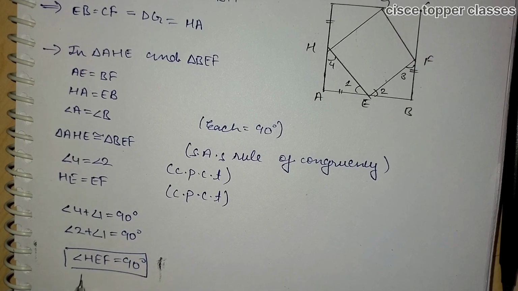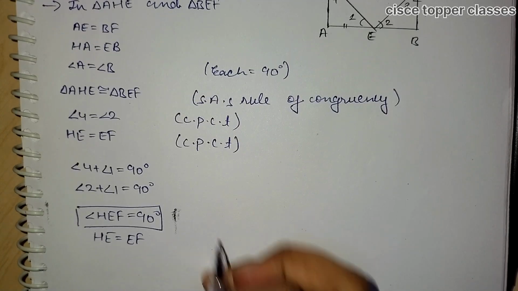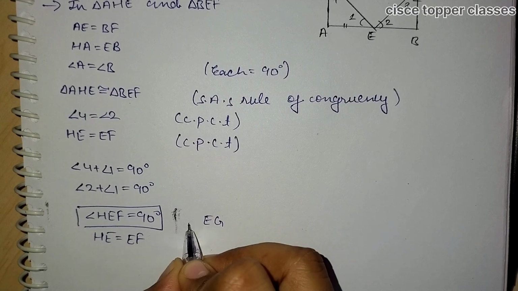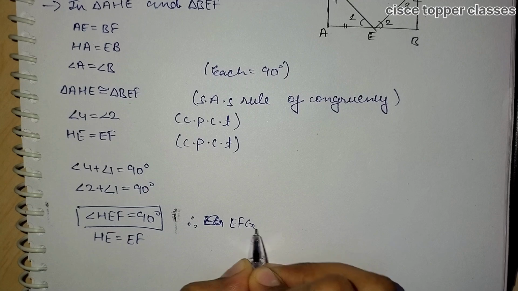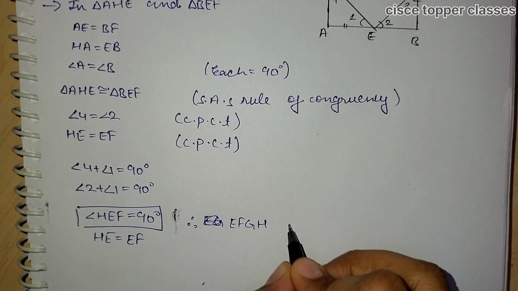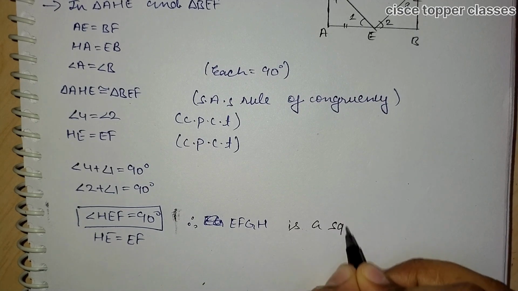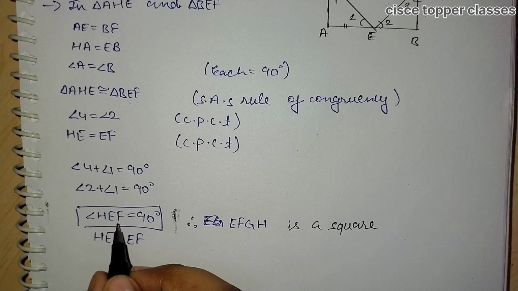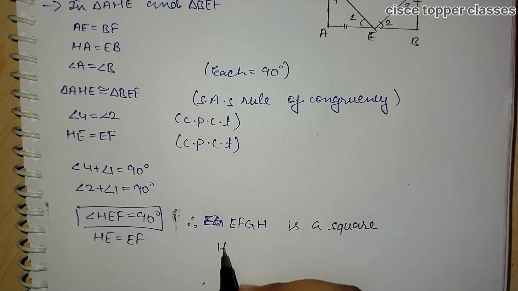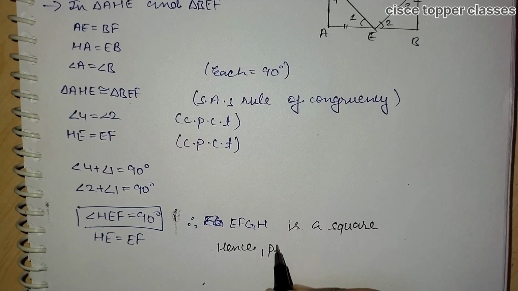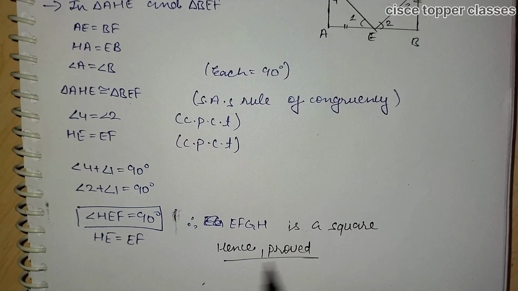And HE is equal to EF, hence proved that EFGH is a square, because the angle HEF is equal to 90 degree. From one angle only we can prove that EFGH is a square, hence proved. This is what we have to prove in the 21st question.